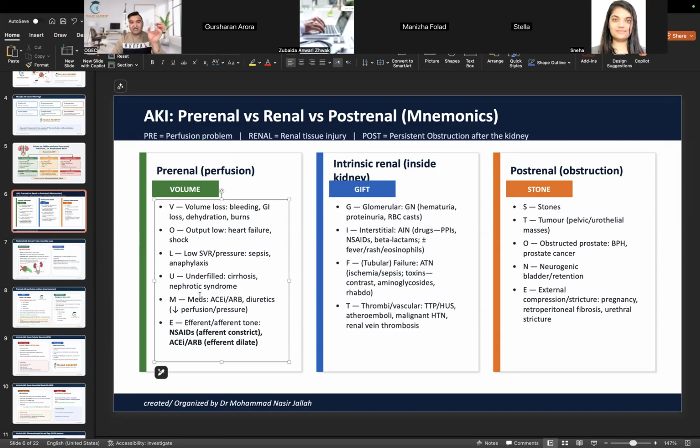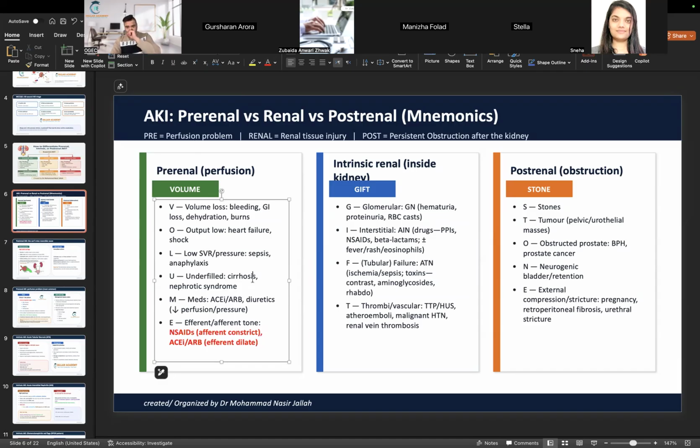ACE inhibitors or ARBs: efferent dilation. And they both have been in so many question banks. So I do recommend you remember this, and I made it red, okay?